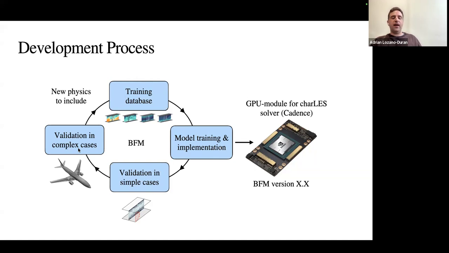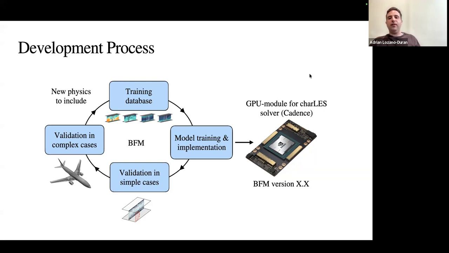Then we have other complex cases that are not in the training data. We validate there. We look at the confidence, we look at the classification, and we look at where the model is underperforming. We use that to tweak the model. Typically, the conclusion is that we need better or different training data, or that we didn't capture the physics. And we iterate again. Every time we go around, we generate a version.